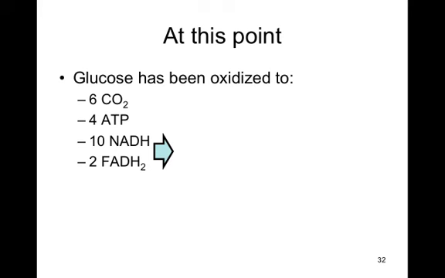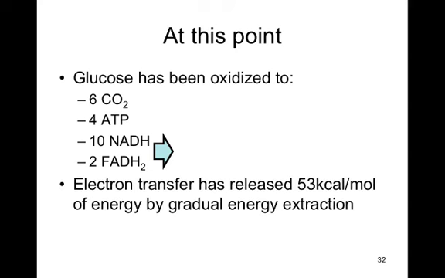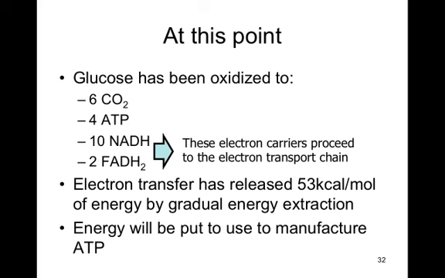There are now 10 NADHs that have each picked up 2 electrons and 2 protons, and 2 FADH2s have been generated from FAD as they each picked up 2 electrons and 2 protons. At this point, all this electron transfer has released 53 kcals per mole of energy by very gradual energy extraction. This energy is going to be put to use to manufacture ATP in the electron transport chain.